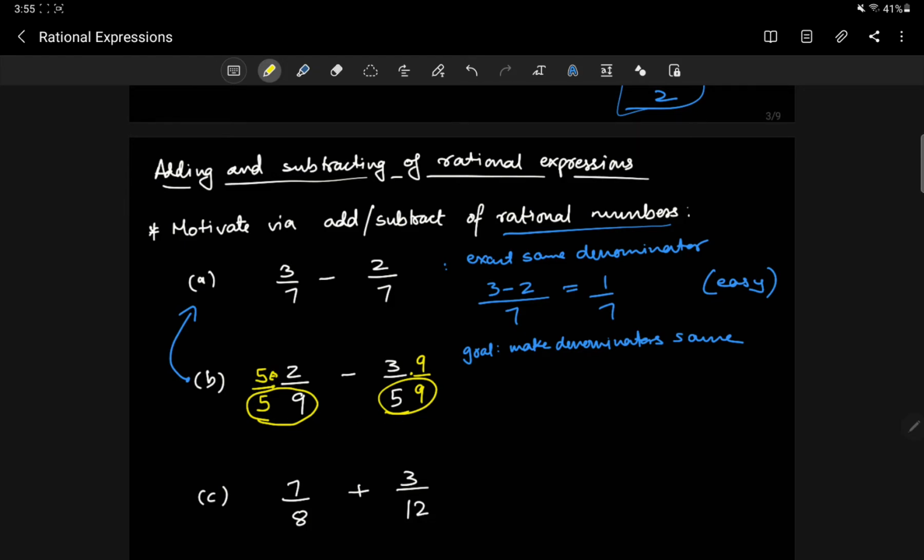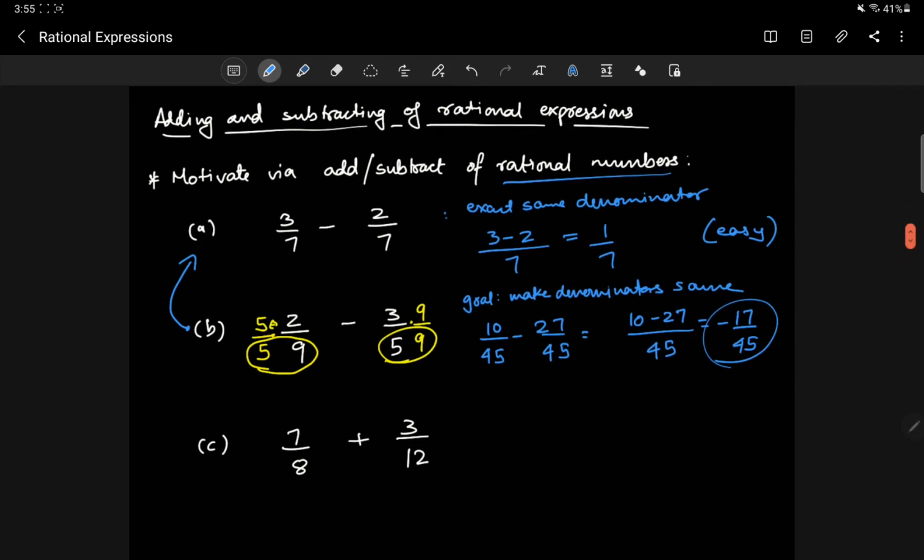So then I'm making the denominators the same, which becomes 10 over 45 minus 27 over 45, which I can then subtract on the top as 10 minus 27, and get negative 17 over 45. So by making the denominator the same, we reduced it to the easy case that we already know.